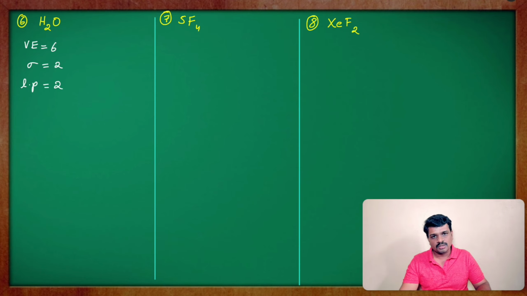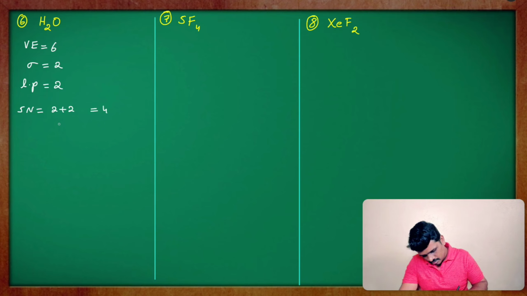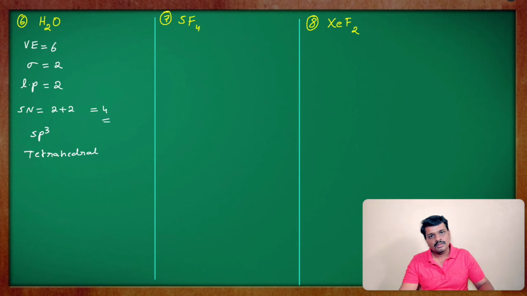Why? 6 minus 2 is equal to 4. That means 2 pairs of electrons. And steric number will be equal to 2 plus 2, which is nothing but 4. So the hybridization is sp3 and the geometry will be tetrahedral.